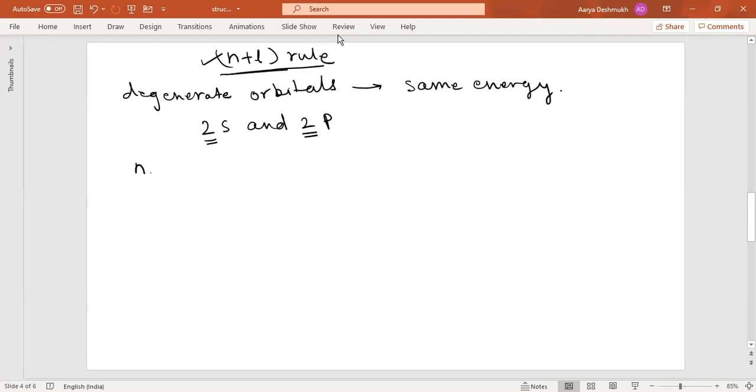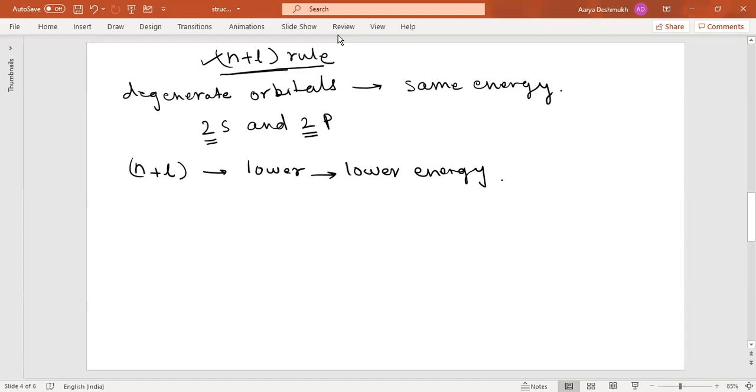Means if you add the values for n and L together and it has the lower value, it will have lower energy. I'll try to explain this with an example also. If two orbitals have the same n plus L value, then the orbital with the lower value of n will have the lower energy, and this is called the n plus L rule.